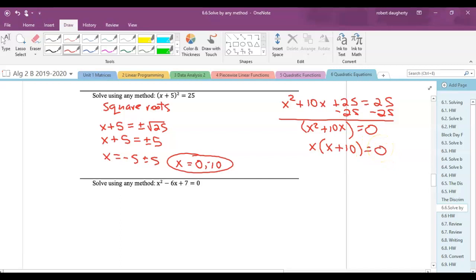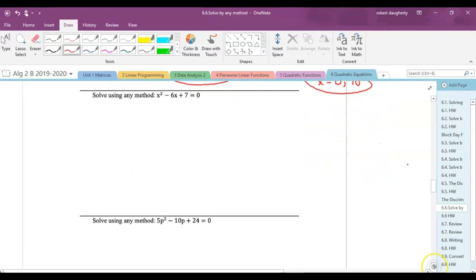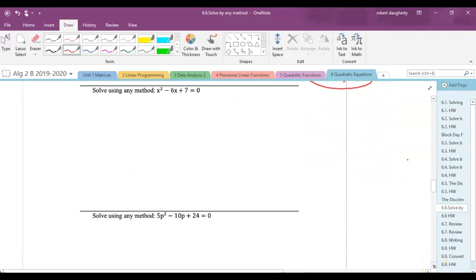X is equal to what? 0 or negative 10. That's another way to do it. The other thing I could do, once I got to here, A is equal to 1, B is equal to 10, C is equal to 0, is use the quadratic formula. That just feels like more work. So when you've got something squared, it's probably leading you toward solving by square roots. Okay, what about the next one?